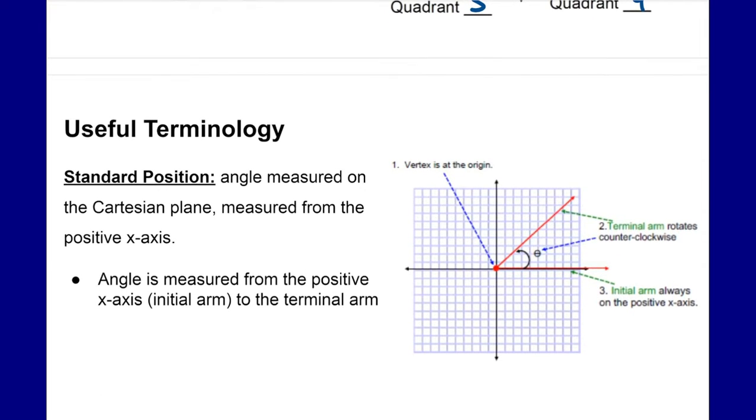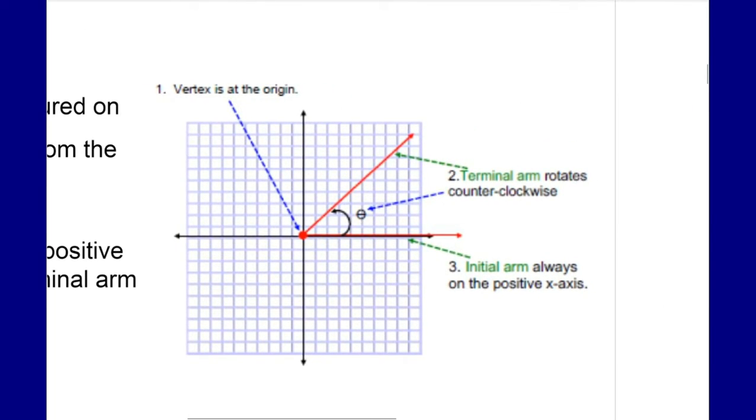So some useful terminology. Standard position, which is what we're dealing with, is an angle measured on the Cartesian plane, so just our x and y grid, measured from the positive x-axis. So the angle is measured from the positive x-axis, which we call the initial arm, to the terminal arm. Imagine we have our axes, we have a line for part of our angle along the positive side of the x-axis.